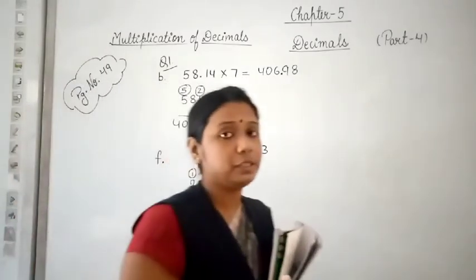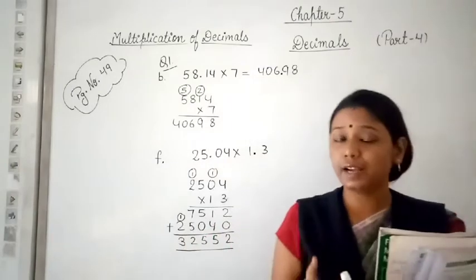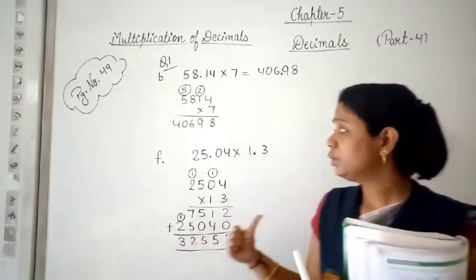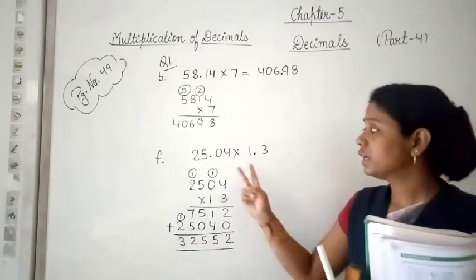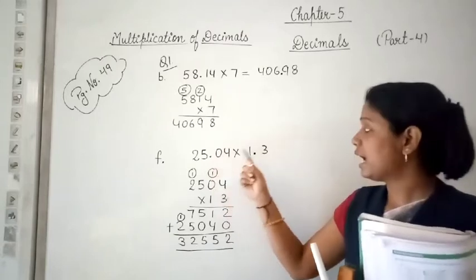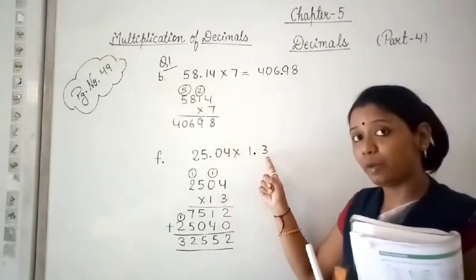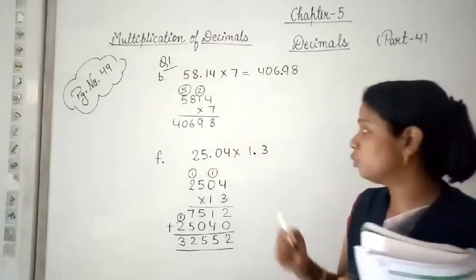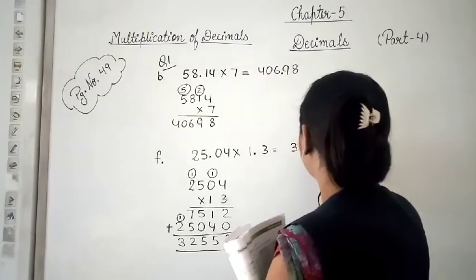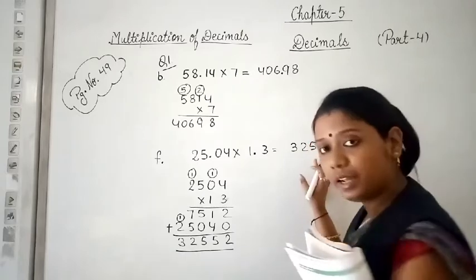But the actual multiplicand and multiplier had decimal points. So we need to insert the decimal point. But you may get confused because here it has a decimal point after 2 digits, and here it has a decimal point after 1 digit. So what do we have to do now? What we will do is, we will first write the product here as it is.